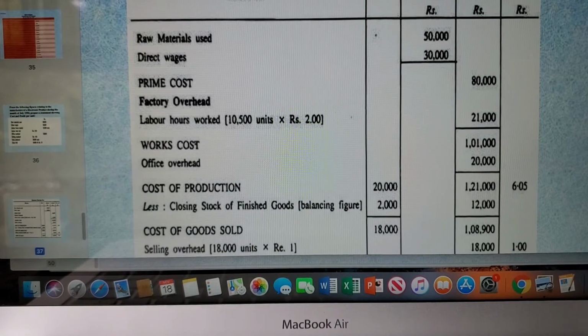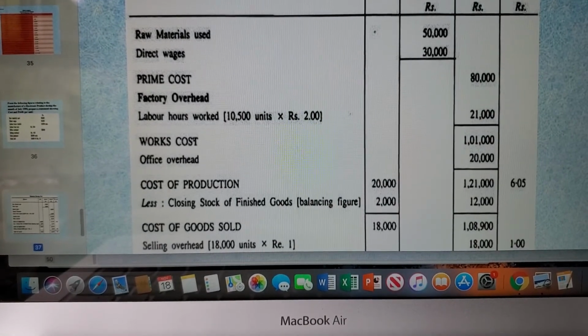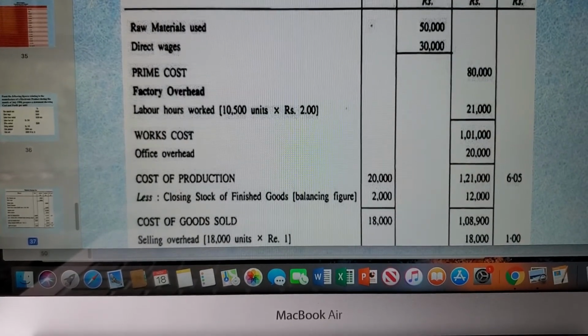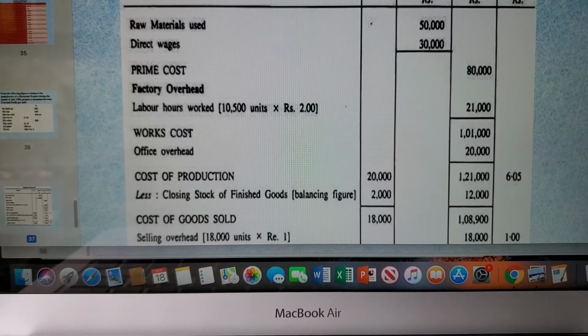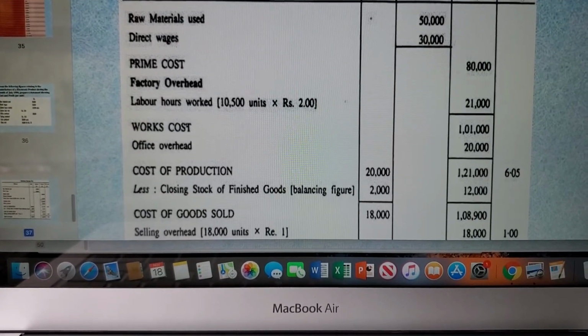Cost of goods sold, so the total cost of goods sold then becomes 18,000, you write 18,000 units, and amount is 1,08,900, which you write in the fourth column.